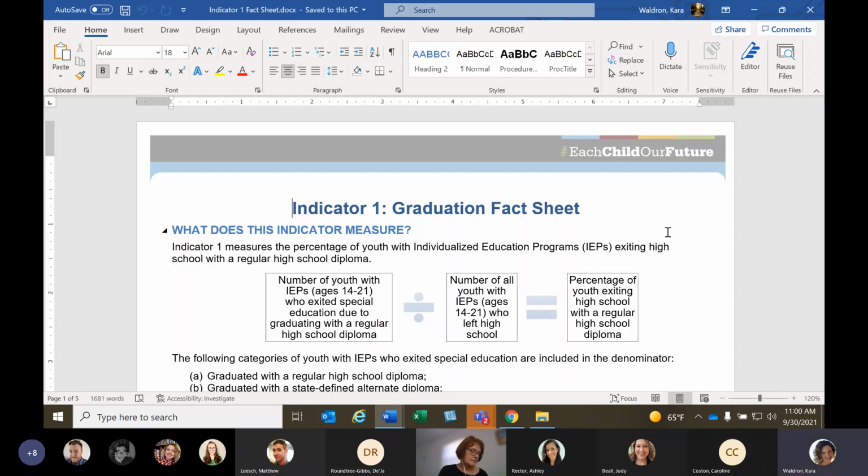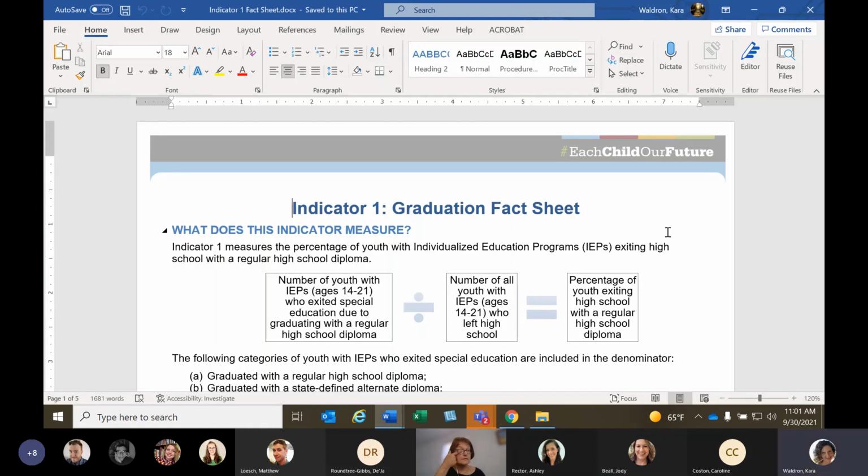So the federal government determined and thus requires states to align with a definition of regular high school diploma that says that students, particularly students with disabilities, who graduate by requirements that are not available to all students cannot be counted as receiving a regular high school diploma, even if they're granted one in their state.